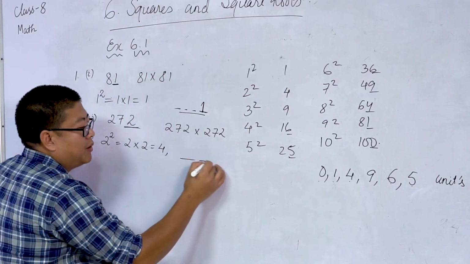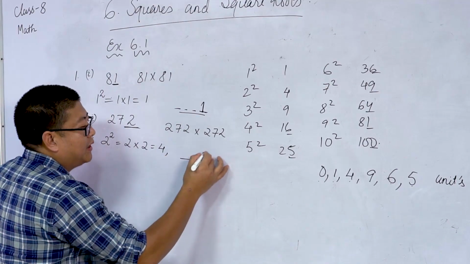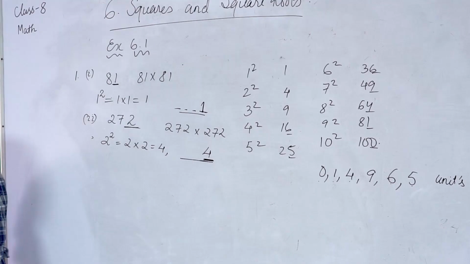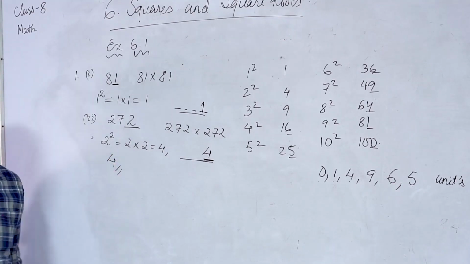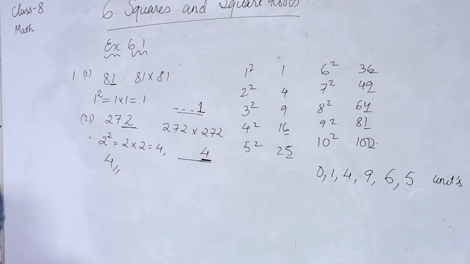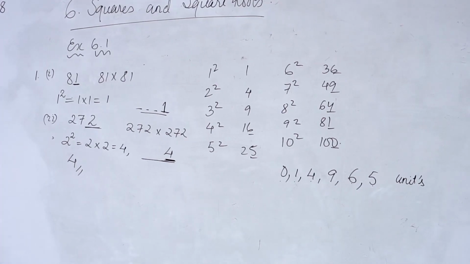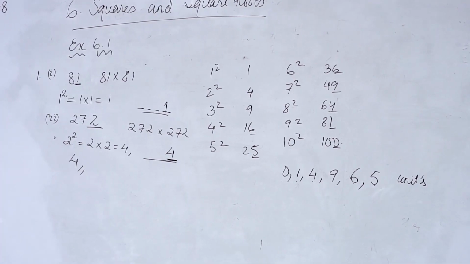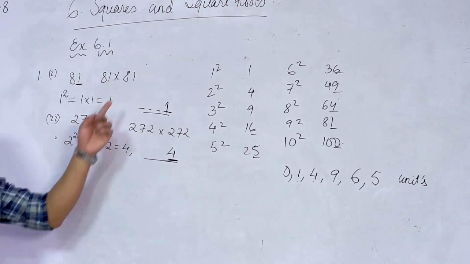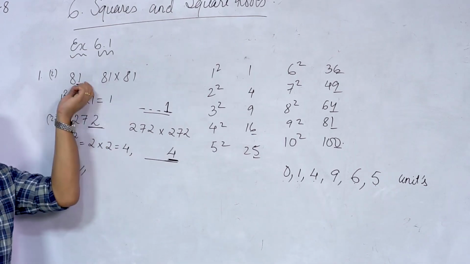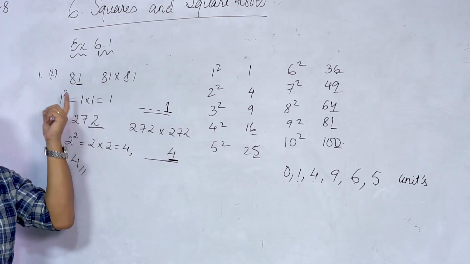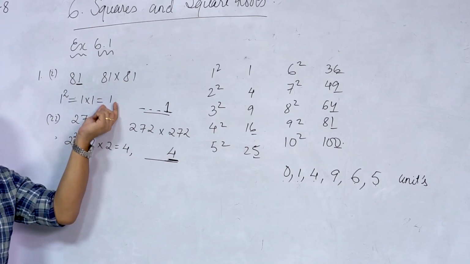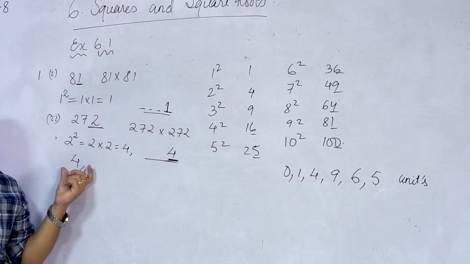That means a number will come and in its unit place it will be 4. So your answer will be 4. I hope this is clear. This will be the same for all the numbers, from 1 till 10, the same step. We take the unit place number and multiply it two times. Whatever number we find, that will be the unit place digit.